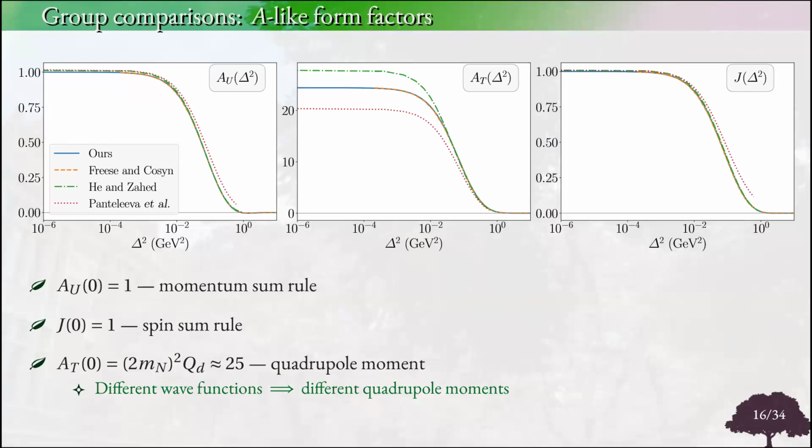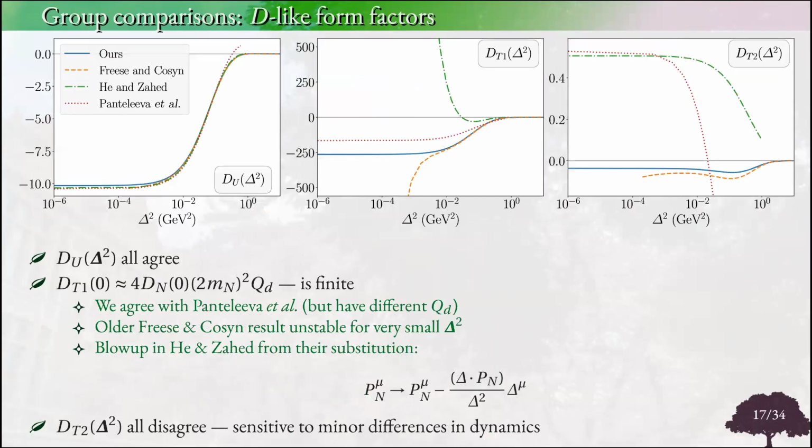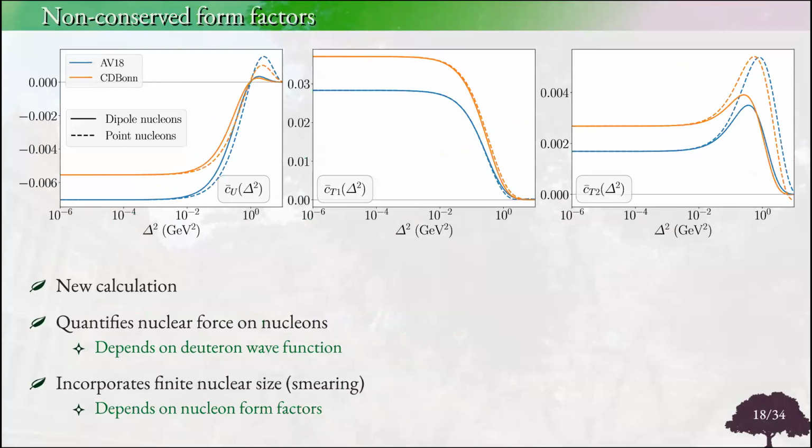For the negativity condition for D of zero, if you were to take it at face value, I think that it would imply that certain linear combinations of some of the D-like form factors have to be negative at zero momentum transfer. But some of them will be weighted by deltas. So I think it would ultimately amount to this du form factor having to go to a negative value, which it does for all of the calculations.